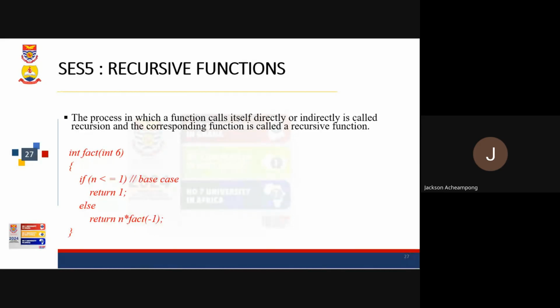So supposing we have 4 factorial, it means the numbers below 4 that will multiply 4. So we have 4 times 3 times 2 times 1. That is 4 factorial. And then suppose we have 3 factorial, it will be 3 times 2 times 1. So the answer is that number's factorial.